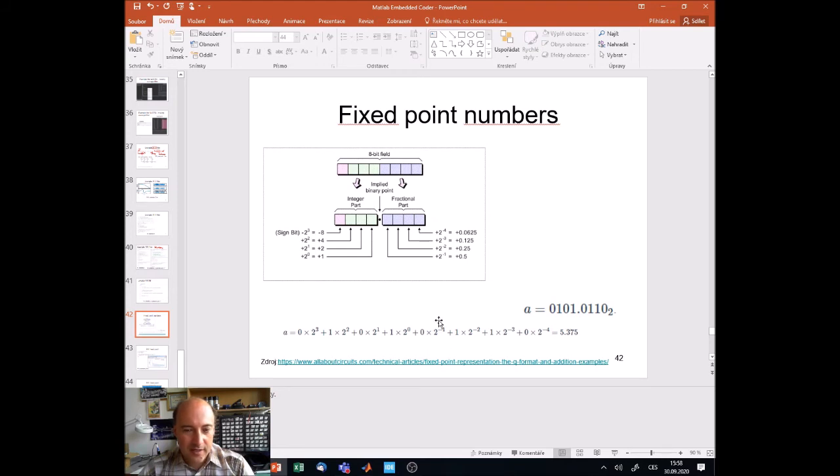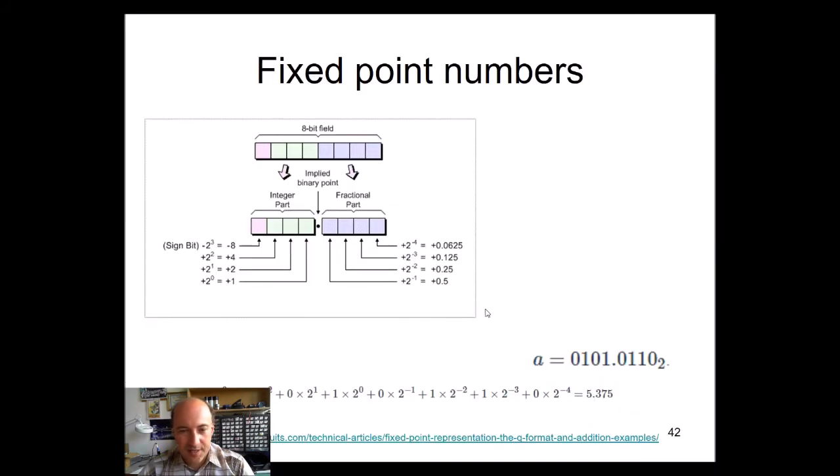You want your algorithm to run at a specific sampling frequency, and it may not be possible to achieve this sampling frequency with floats.